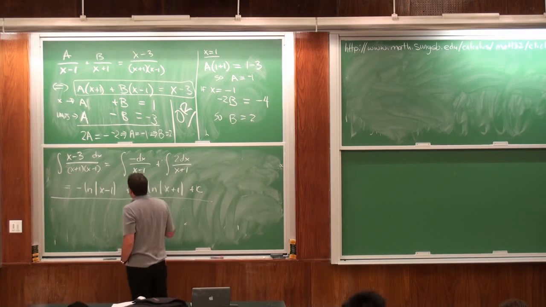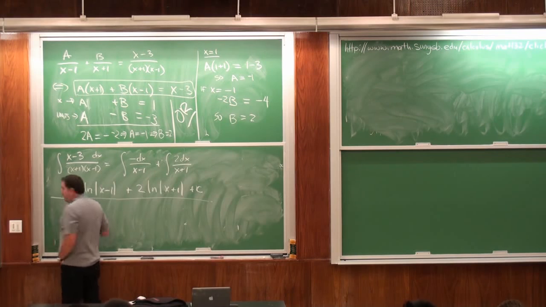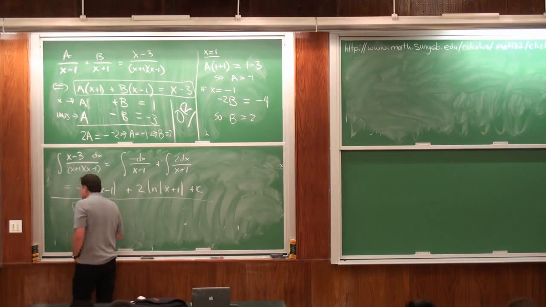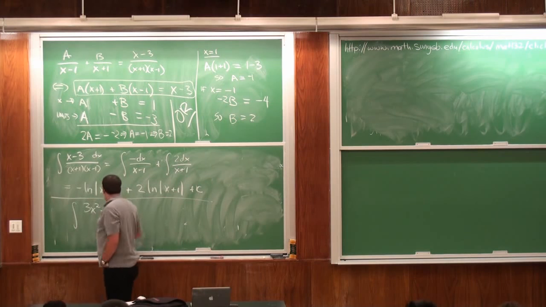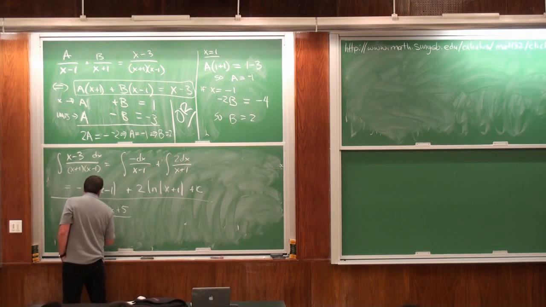So the problem here is, well, let me just do an example still. Say I have the integral of (3x squared minus x plus 5) over ((x minus 2) squared times (x plus 1)) dx. See, I worked these out in advance.